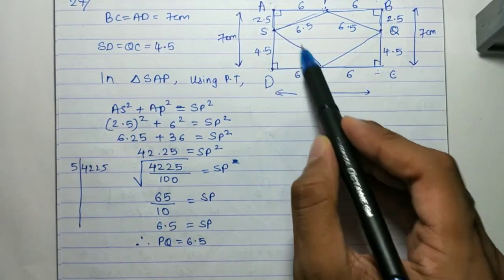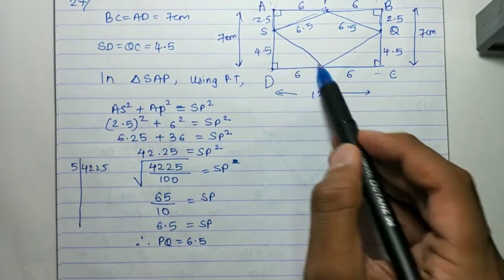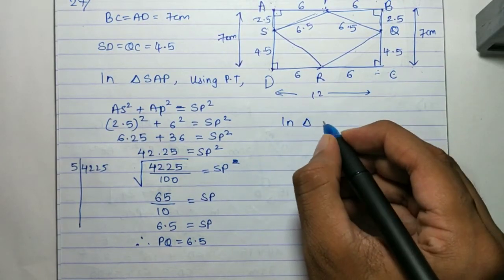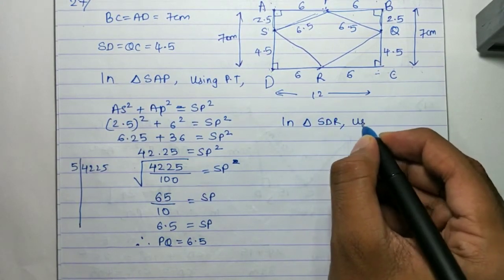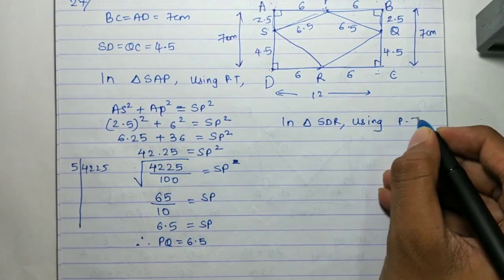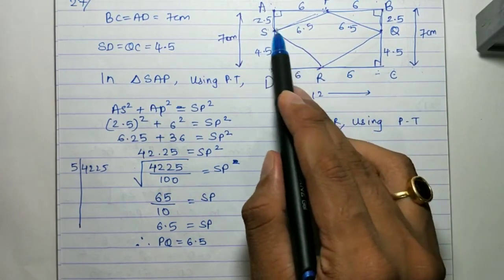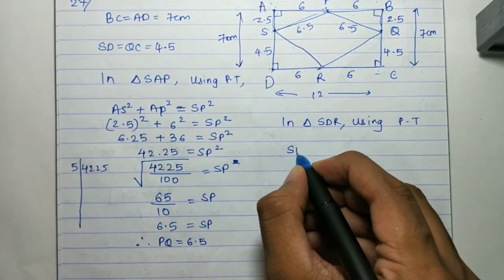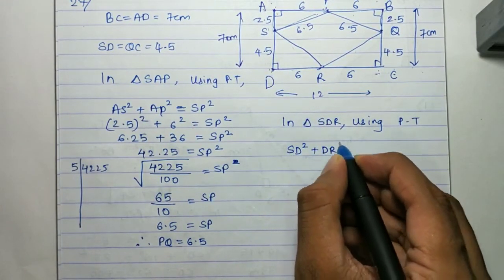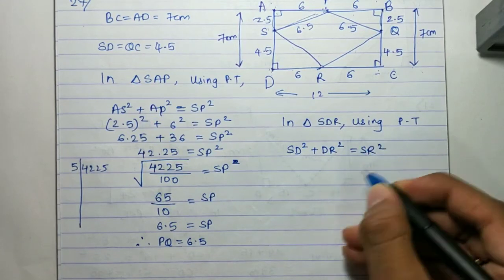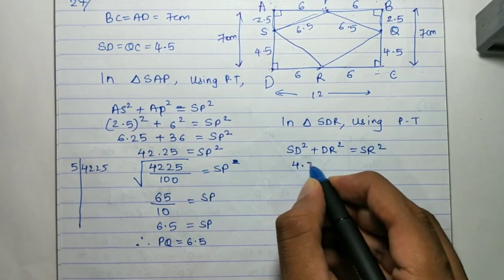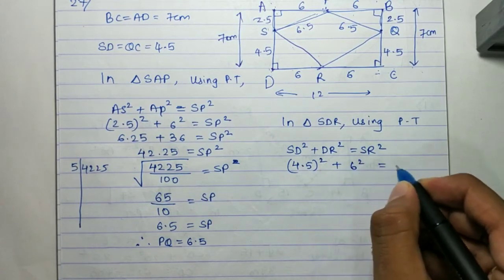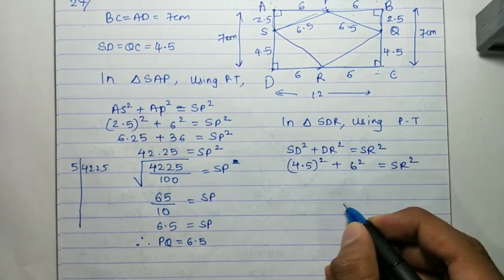Now I will solve this triangle here and find the value of SR. So in triangle SDR, using Pythagoras theorem, SD square plus DR square equals SR square. So SD is 4.5 square plus 6 square equals SR square.